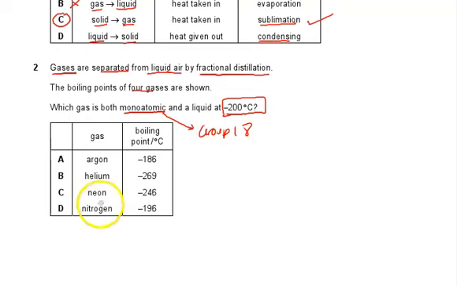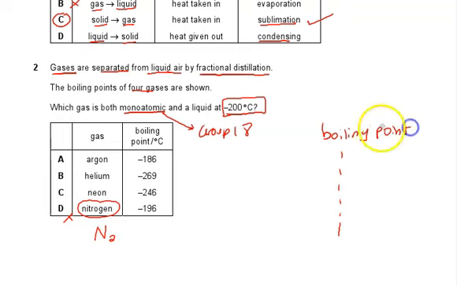Now let's say we have nitrogen here. This is definitely not the answer, because nitrogen appears as a molecule here. Here we write the borderline, and I write here boiling point. Boiling point means it's liquid to gas. Now let us look at argon.